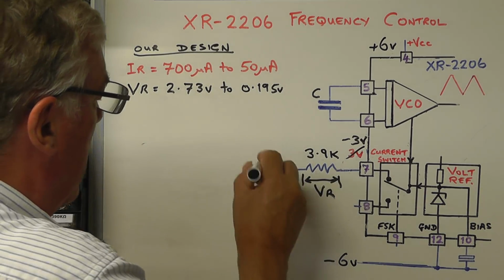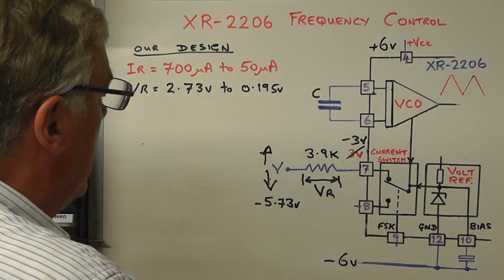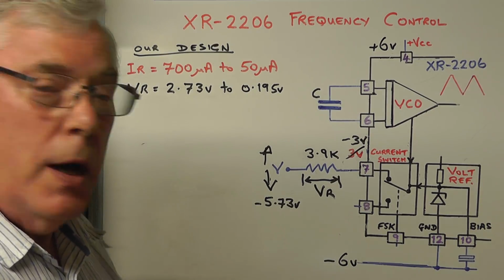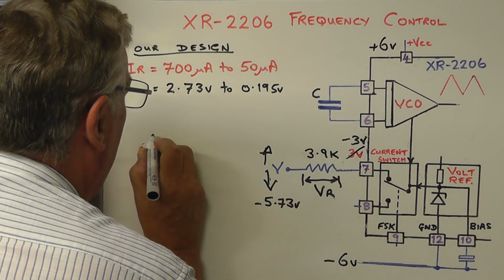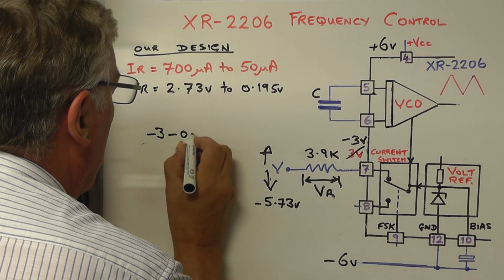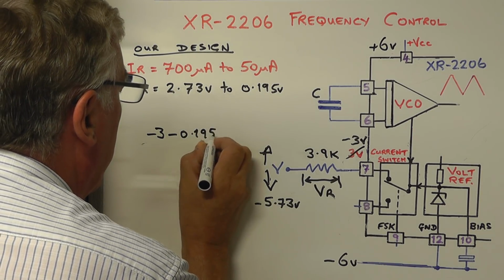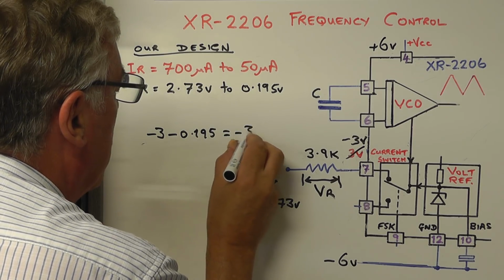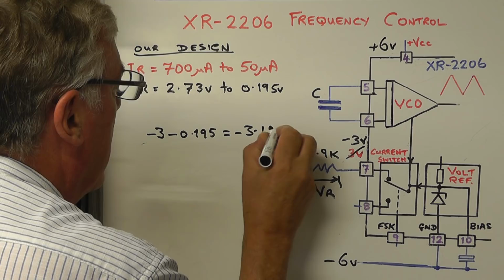Now at the other end of the voltage swing, we know the voltage drop across the resistor is 0.195, therefore we have our minus 3 volts again, and then we minus the 0.195 of a volt, and that will give us a minus 3.195.